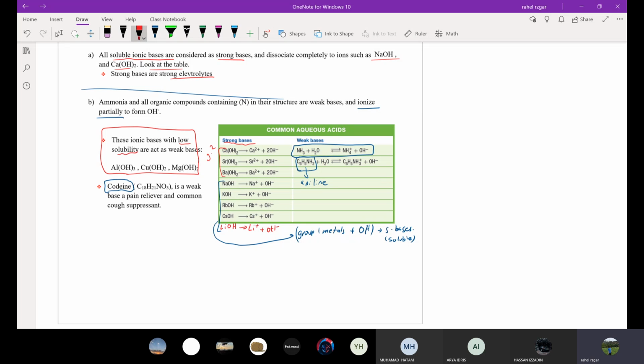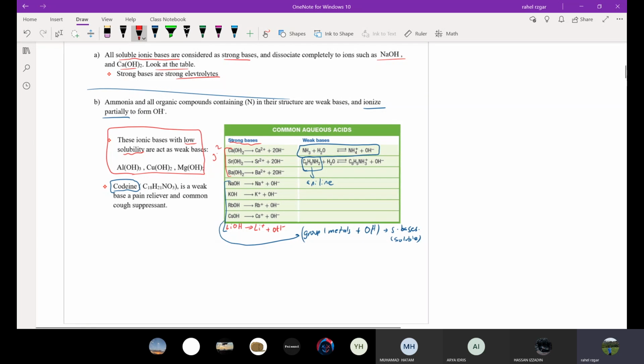Ionic bases are strong bases, except for these three: aluminum hydroxide, copper hydroxide, and magnesium hydroxide, because they have low solubility.